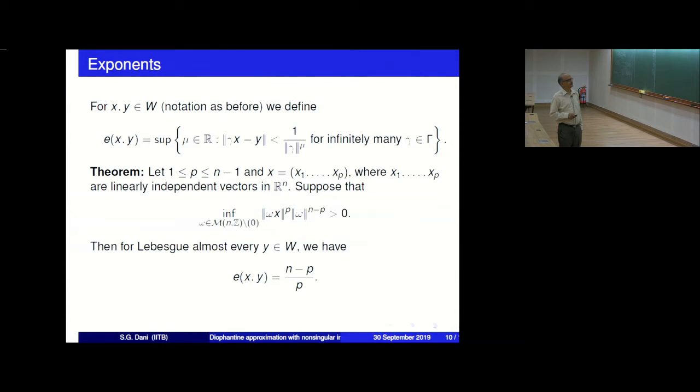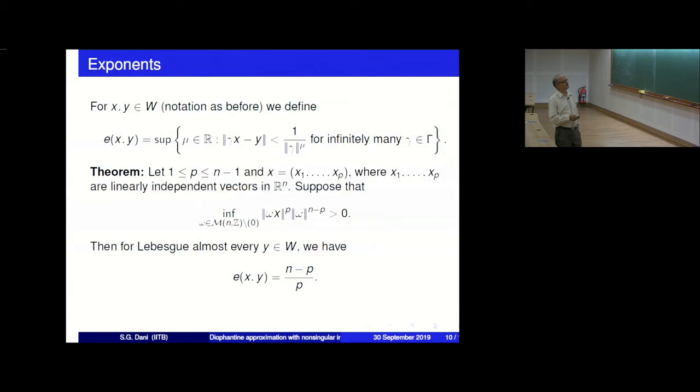Then for all these pairs, for almost all y in W, Lebesgue almost all y, the exponent will be n minus p by p. So again, almost all is very specific in concrete terms, and it has been a practice to talk in terms of these exponents, and I have described that this is going to be n minus p by p in this case.